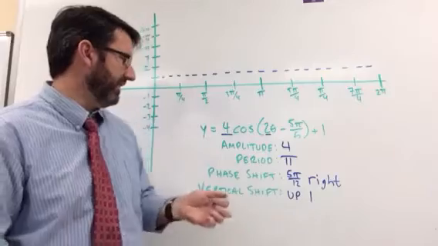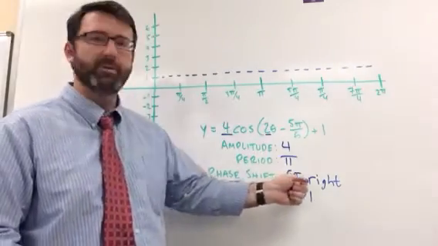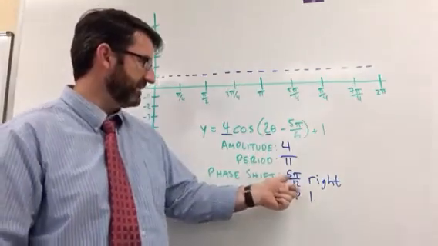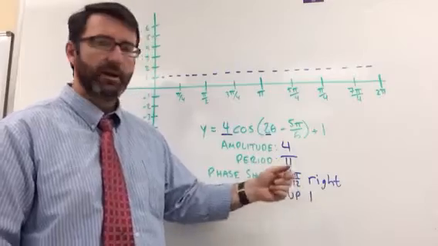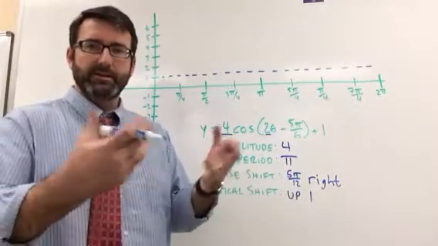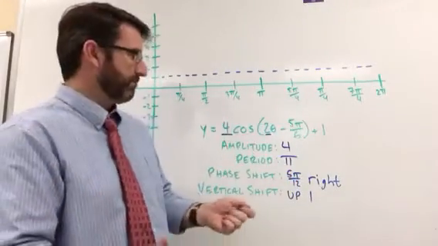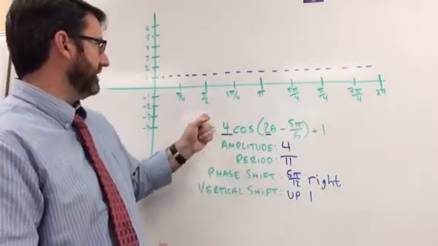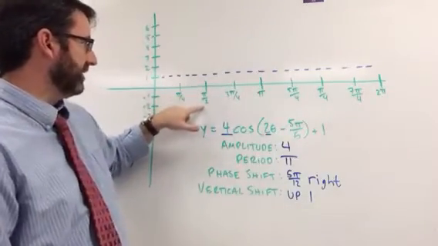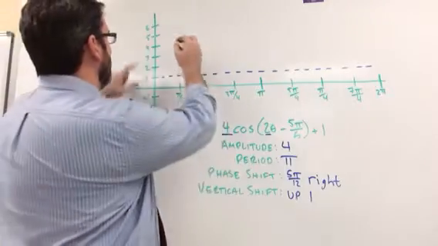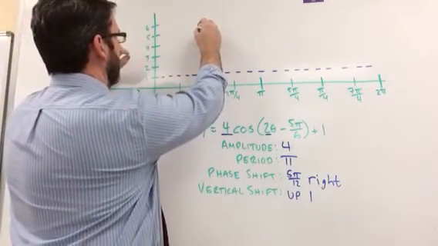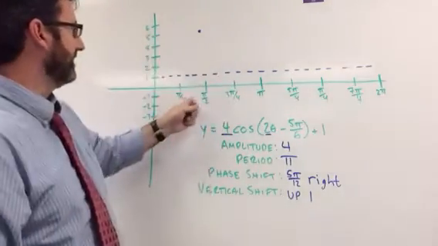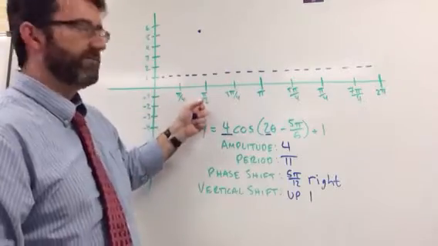So 5 pi over 12 is almost pi over 2, because notice that 6 pi over 12 would be the same as 1 pi over 2. And so we're just going to be a hair short of pi over 2. And that's where we're going to start.